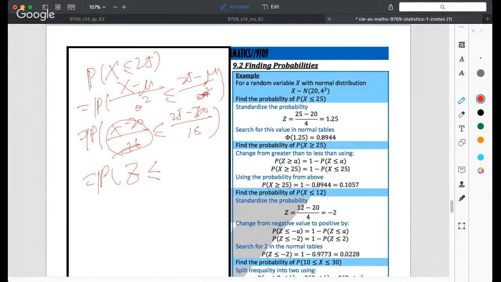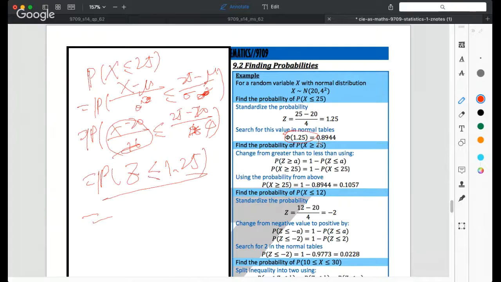Sorry, this one should divide by sigma, not sigma squared. So sigma is 4, and this is 1.25. And now because it is a standardized normal distribution, we can use the distribution table. We can use the distribution table to see that this value 1.25 corresponds to 0.8944.